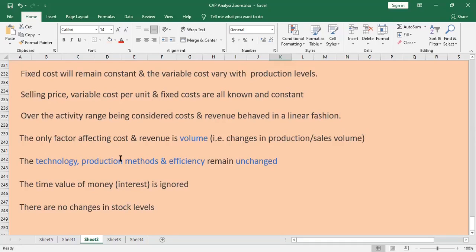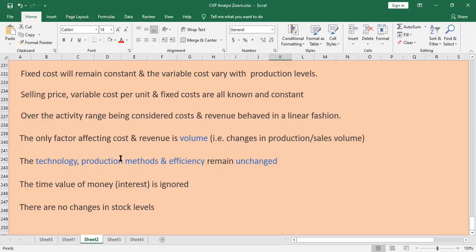right? And most importantly, we have ignored the fact that there's a value for time when it comes to money. We already discussed that. But again, here we can assume to ignore the time value of money, because here we are talking about a short period of time, like 6 months, 1 year, that amount of time period.